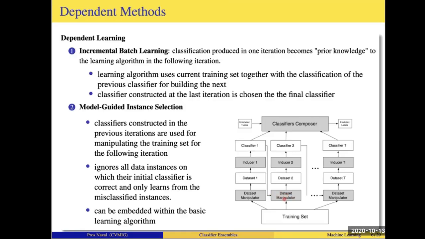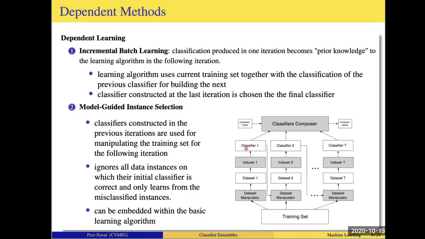And then based on this, it will again take a subset of the training set, and that would be the dataset 2, which will in turn produce classifier 2, which will again be stored by your composer. And again, the results of classifier 2 for dataset 2 will be used to create the third, fourth, up to the tth classifier.